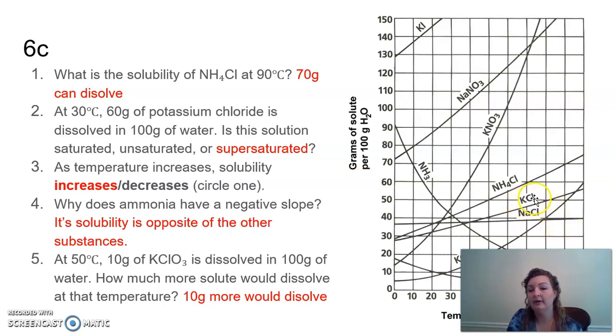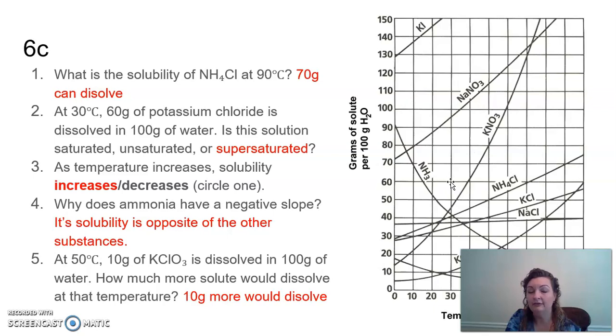So potassium chloride is right here, this line, and it's saying at 30 degrees, and I have 60 grams. Is it unsaturated, saturated, or supersaturated? So I'm going to look, well, 30 degrees is right here, and I'm going to go all the way up to 60 grams, and this is my intersection for 60 grams and 30 degrees, right here.